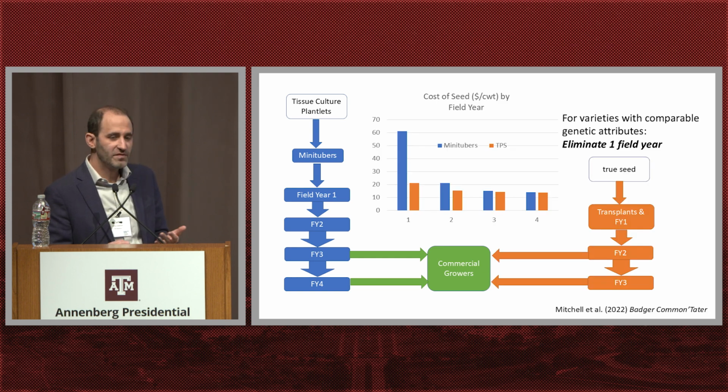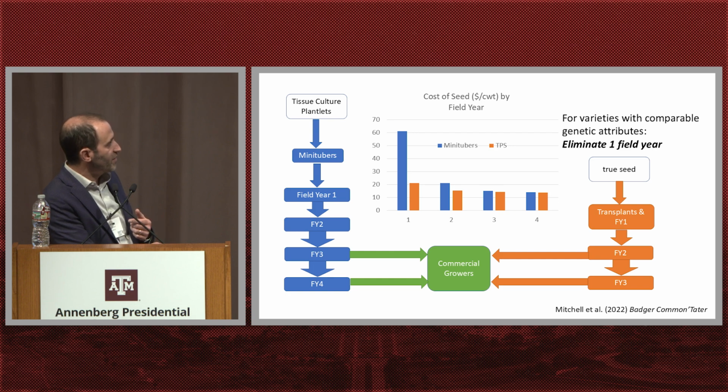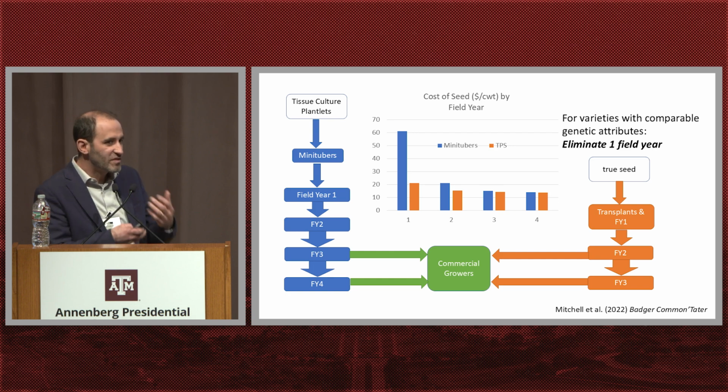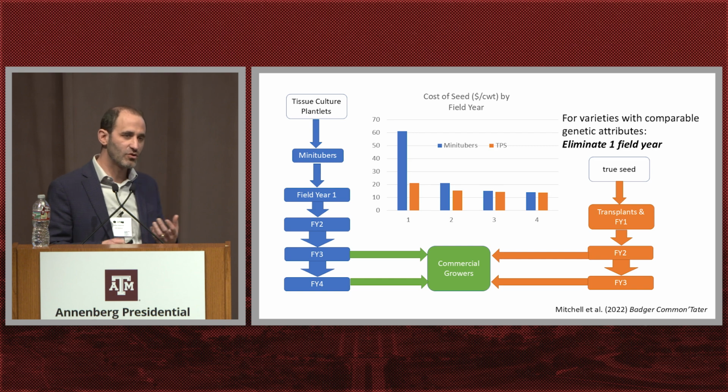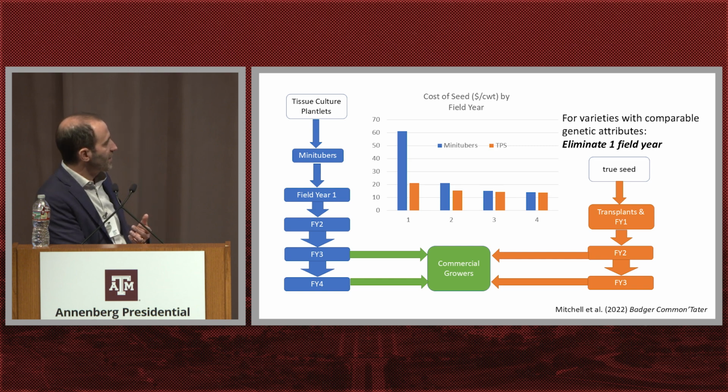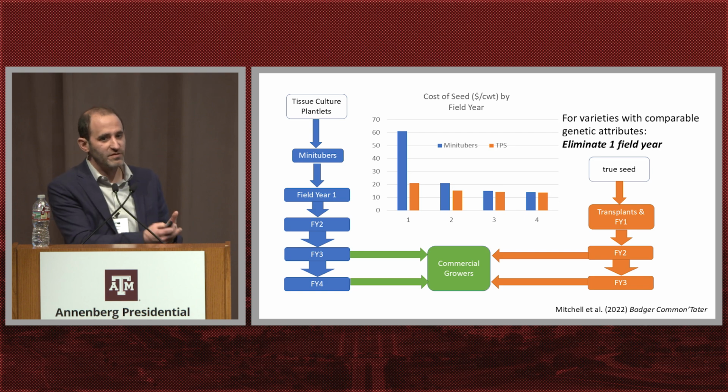What if you have true potato seed, right, the botanical seed? The economic projections are that in that first field year, because we're going to shift and use a transplant-based production system, the efficiency of what modern greenhouse systems can do with transplants, instead of having a greenhouse system, you now have a combination greenhouse field system.